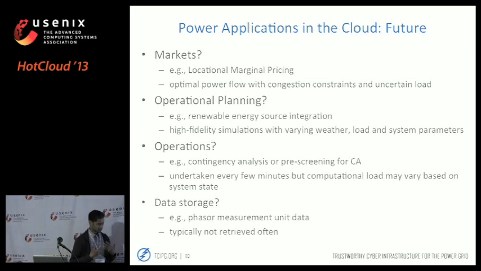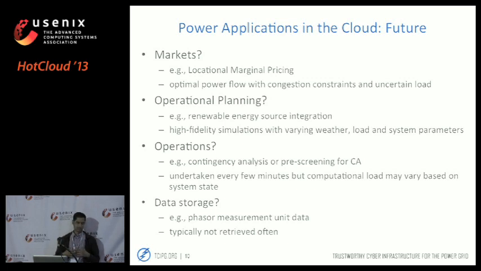If you analyze these applications, you see that they have varying computational needs, either because they're used occasionally or because the amount of computation needed changes based on the system state. It seems to us that just like other sectors are taking advantage of this cloud infrastructure, this sector could benefit quite a bit in terms of cost.